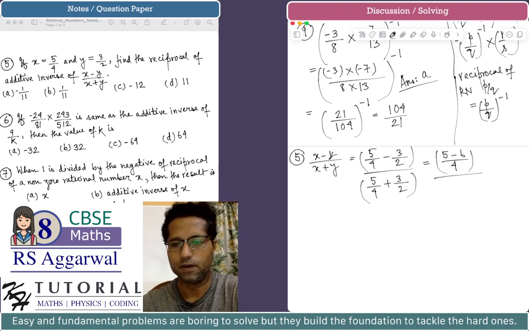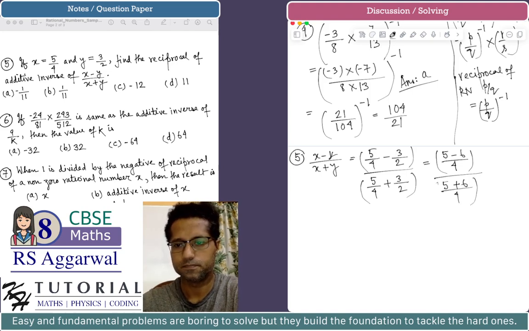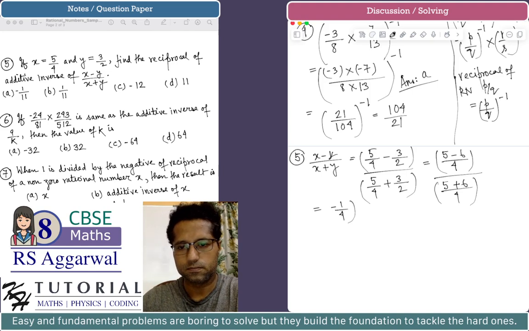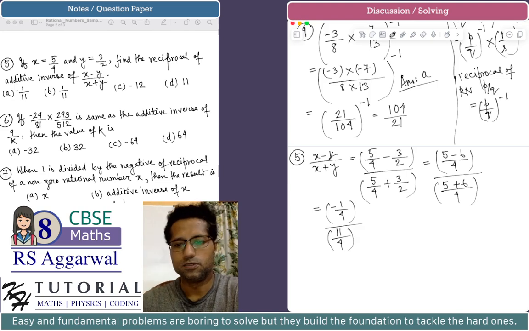Divided by, what is 5 by 4 plus 3 by 2? It is 5 plus 6 divided by 4. So this is equal to minus 1 by 4 divided by 11 by 4.